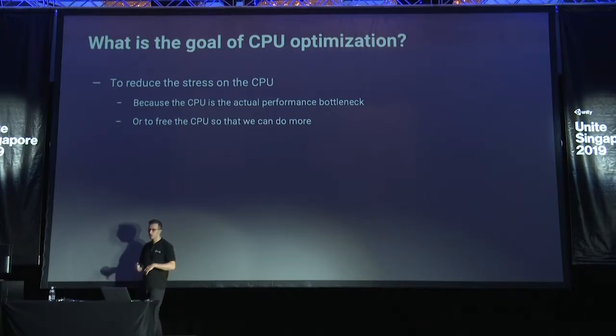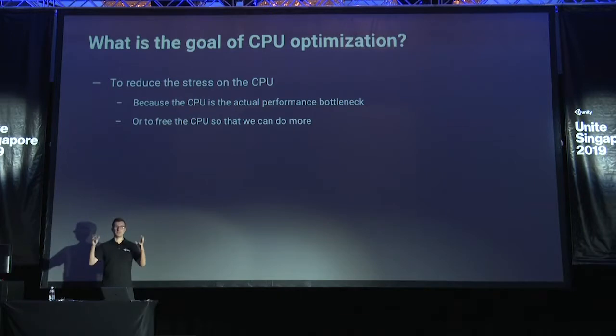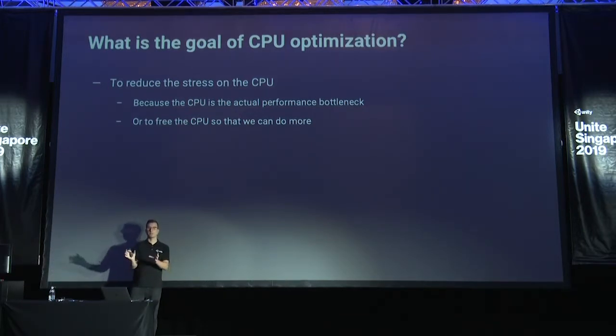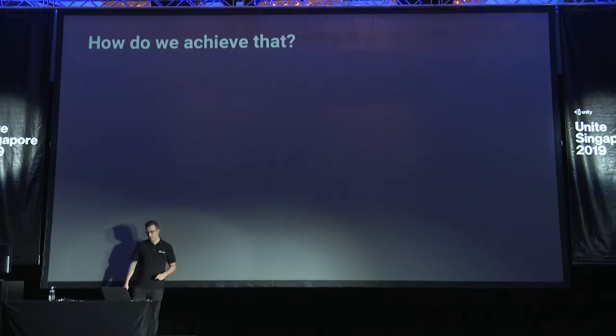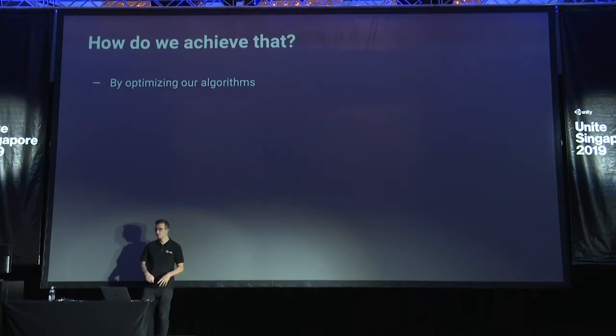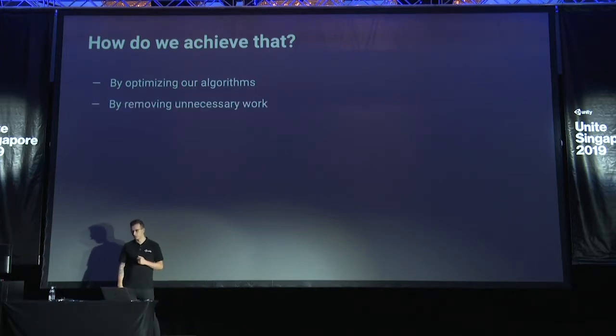Another goal is to free up some CPU resources. So you don't stress your CPU to the maximum. You reduce stress on the CPU to allow some leeway to add other functionalities to your game later. And we can do all of this optimization by optimizing our algorithm or removing some unnecessary work that the processor does.